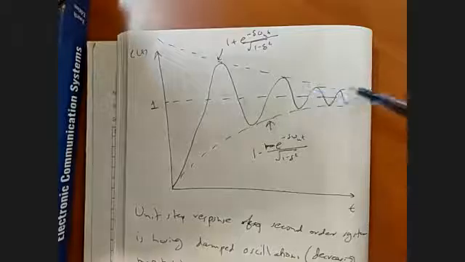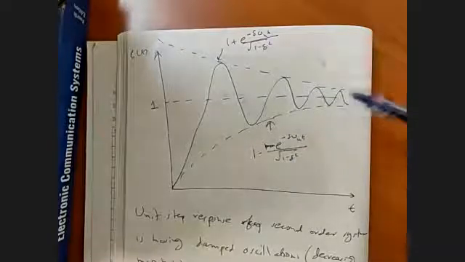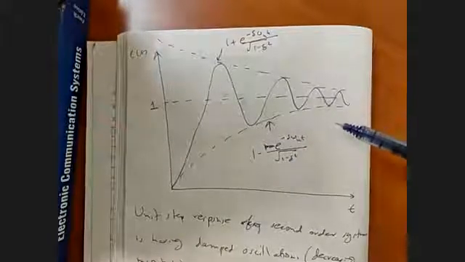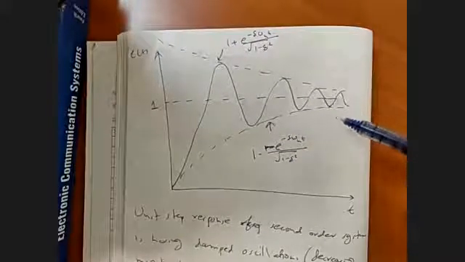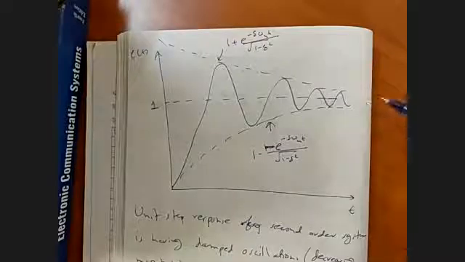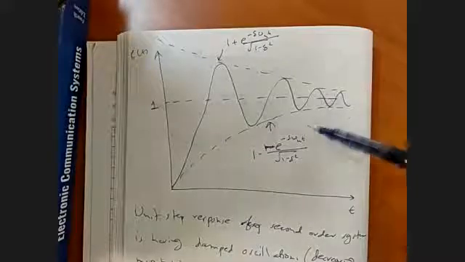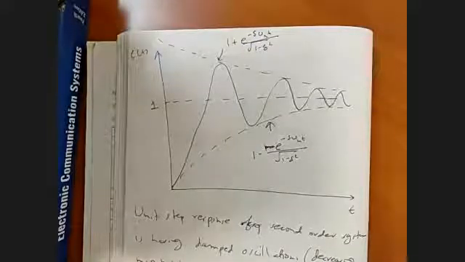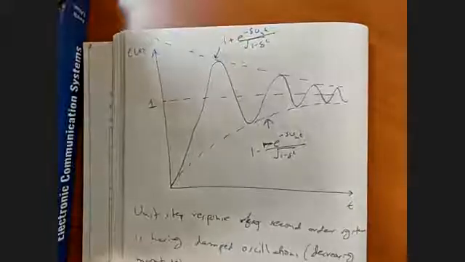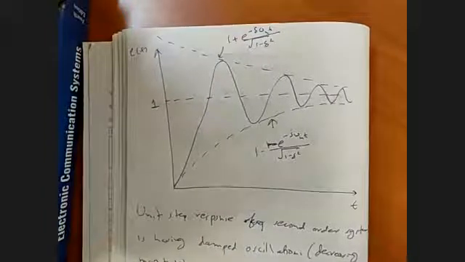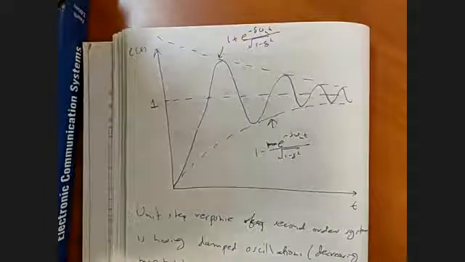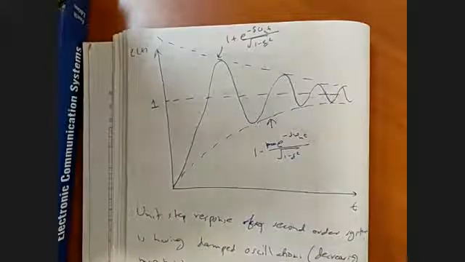The magnitude of these oscillations will decrease continuously with time. After t equal to infinity, these terms become constant, and your response will be equal to the input which we have applied. So this is how the second order system behaves when delta is between 0 and 1.